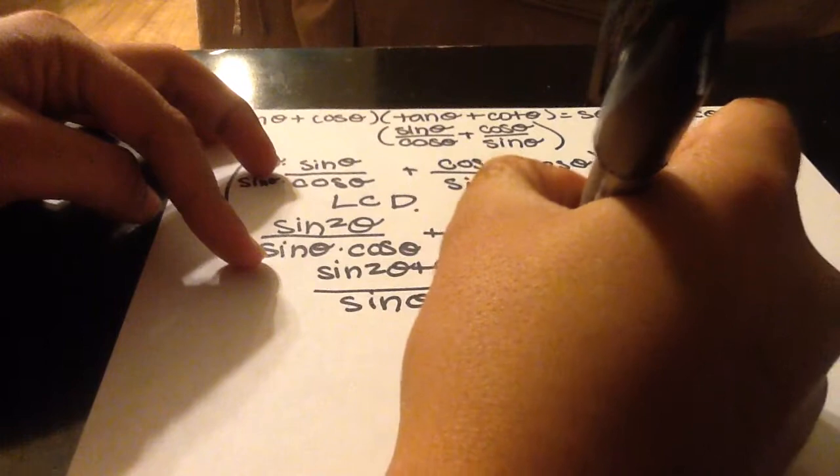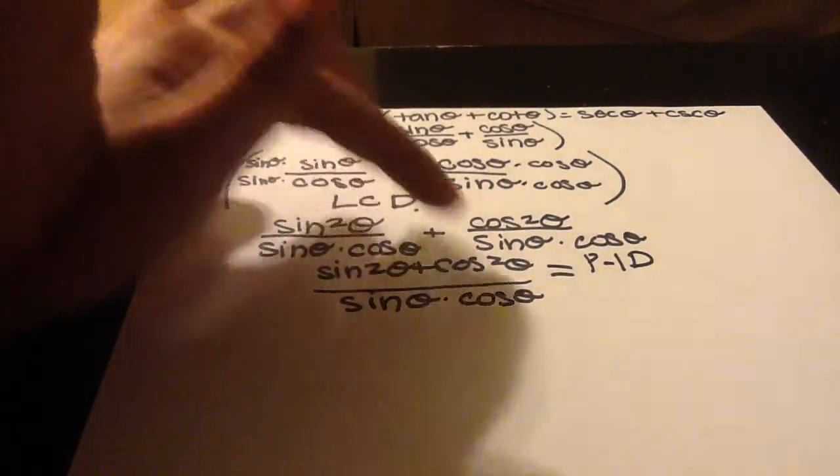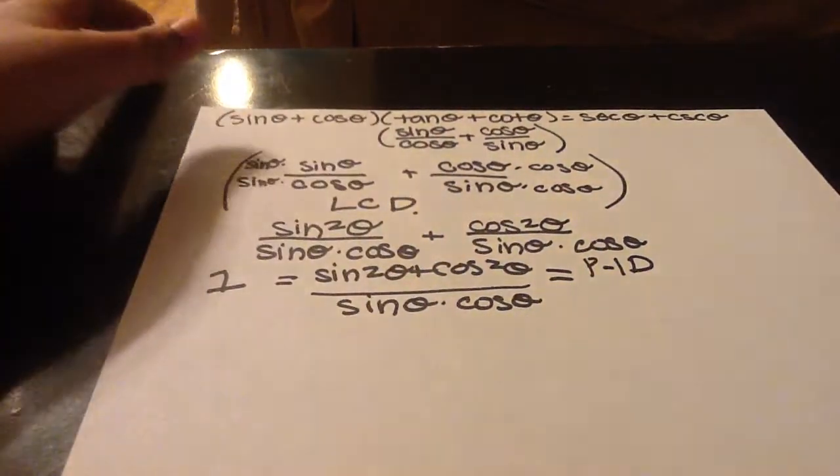Now we're going to combine these, which will result in sin squared θ plus cos squared θ over sin θ times cos θ. Now we know by Pythagorean identities that sin squared θ plus cos squared θ equals 1.